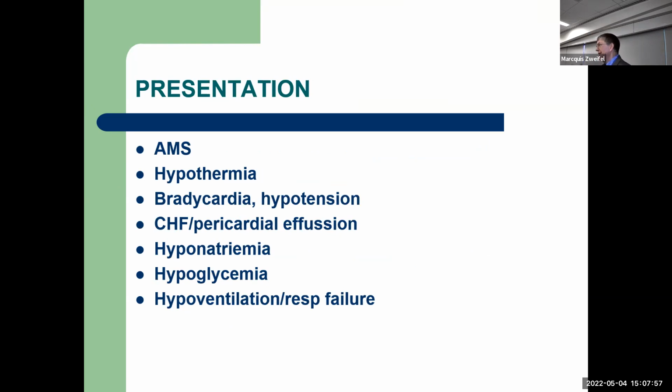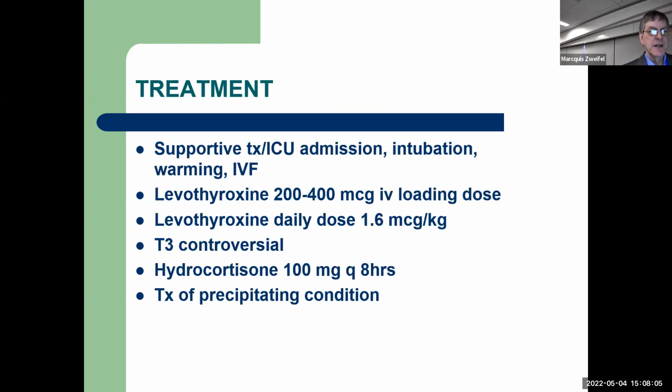So look real smart. And it also means look at the EKG. They're really cool because they're really tiny. Hypoglycemia. Treatment, you got to warm them up. Most people would load with 200 to 400 micrograms of levothyroxine. Some of us would do it for like 3 days.